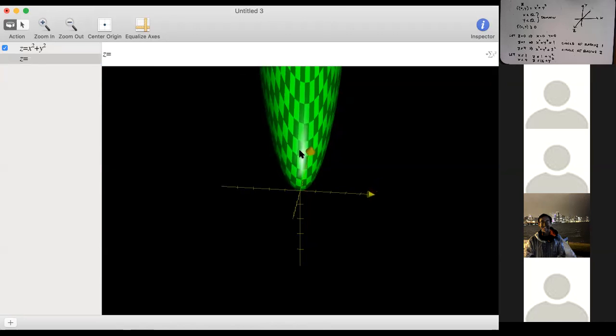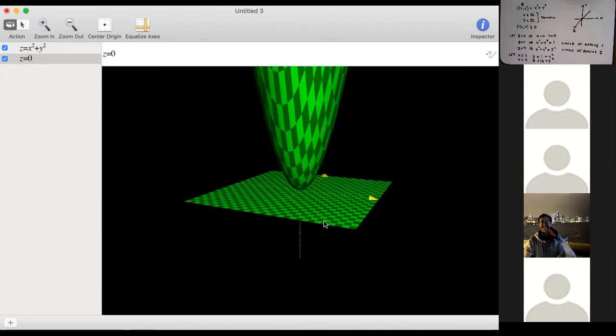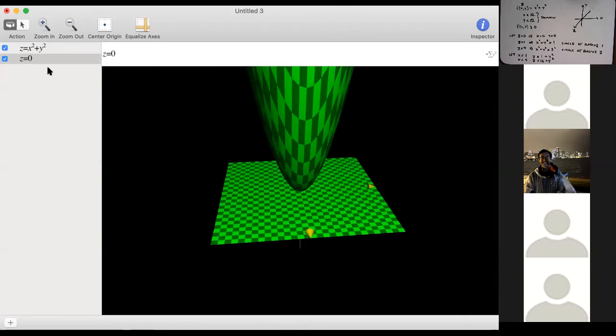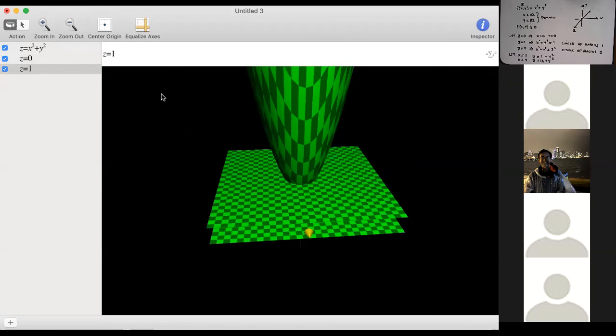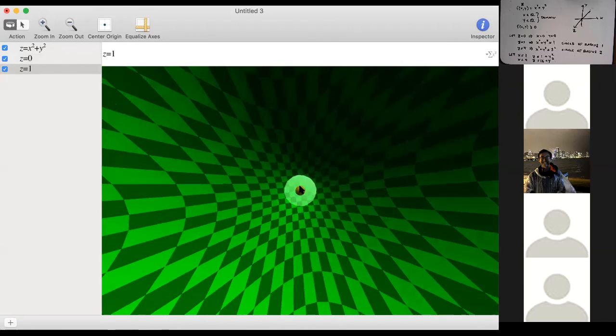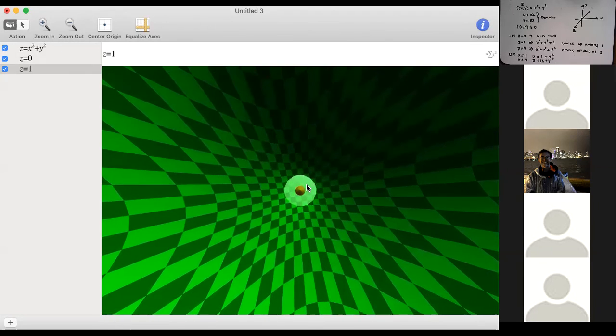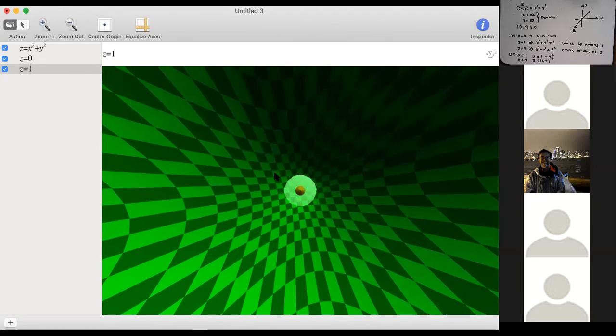So we let z equal 0, and that just gave us a single point at the origin, right? That was where that plane intersected our surface. And we also took a look at the plane z equals 1. And especially if we look down at it, we can see that the intersection of that plane and our surface is a circle, which is exactly what we found algebraically.